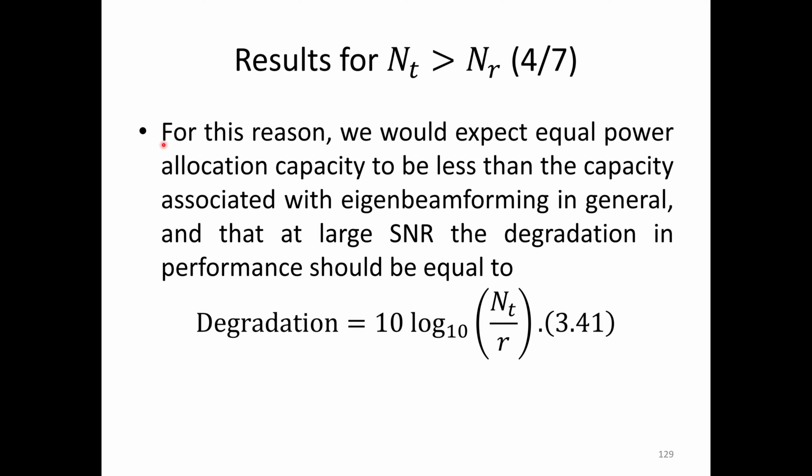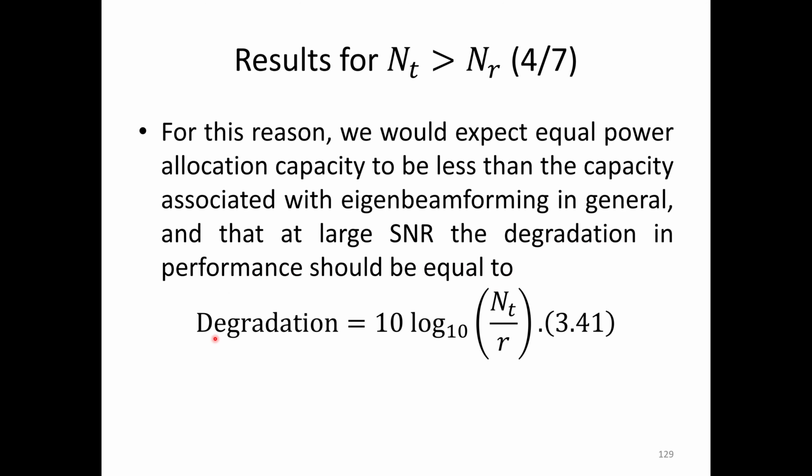For this reason, we would expect equal power allocation capacity to be less than the capacity associated with eigenbeamforming in general, and that at large SNR, the degradation in performance should be equal to this equation.